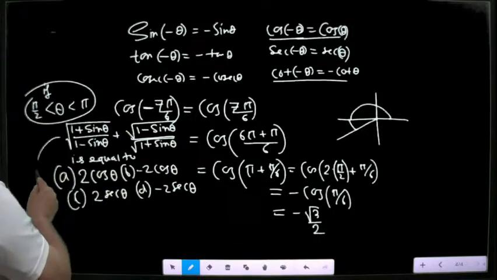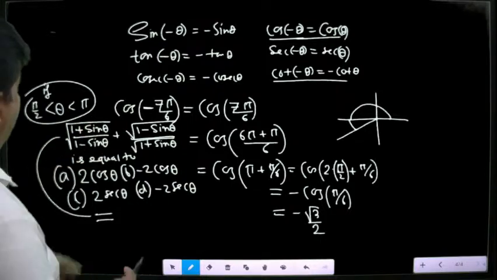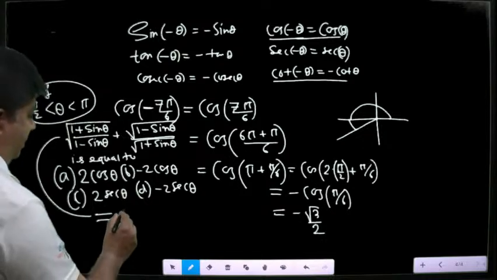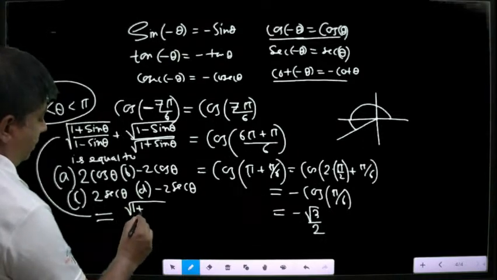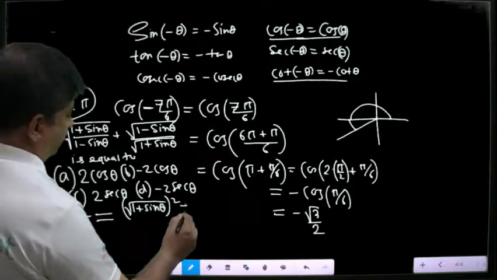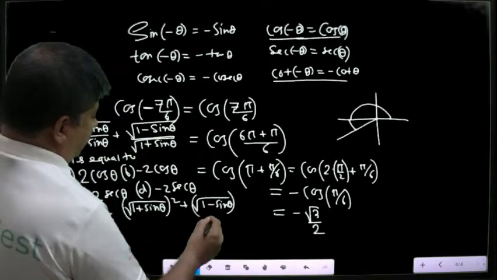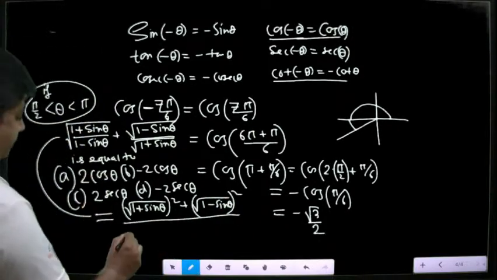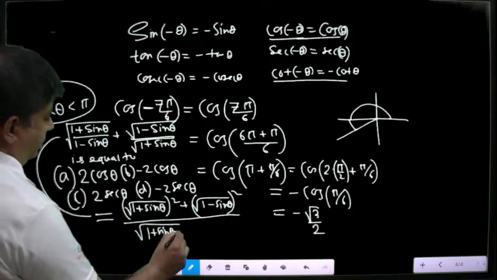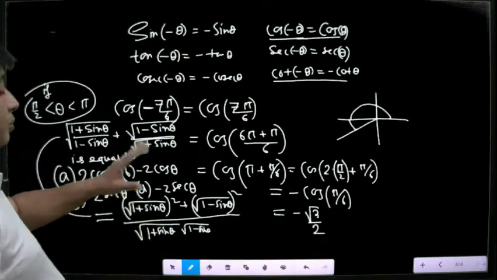Let's start how to simplify it. First you take the LCM. Root will be broken into numerator and denominator: root of (1 plus sin theta) whole square plus (1 minus sin theta) whole square, by root over of (1 plus sin theta)(1 minus sin theta). So that uppermost root will be removed.